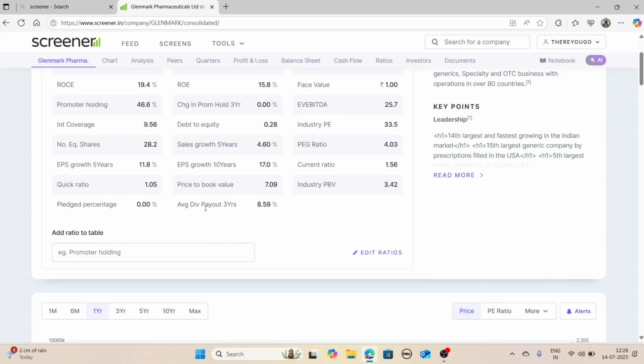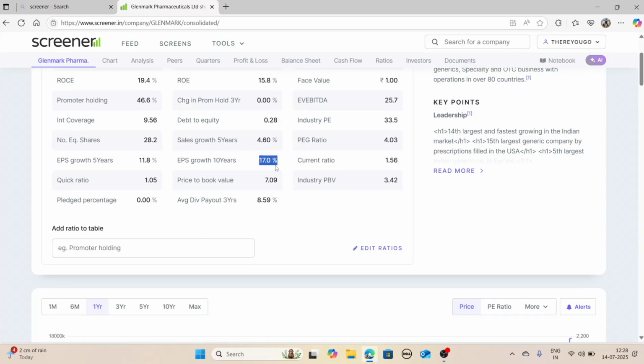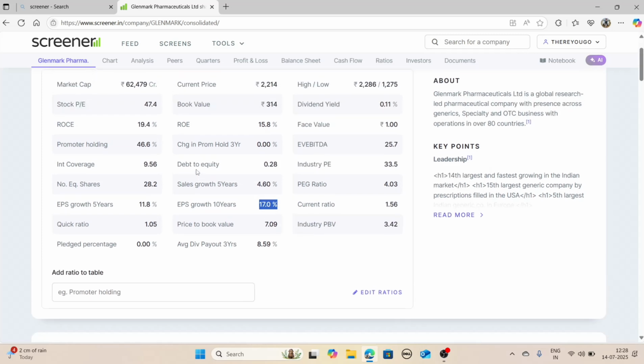That's quite good, and if you see that for 10 years it is around 17%, which is great, as it is a capital intensive industry where they have to incur huge expenses for research and development.